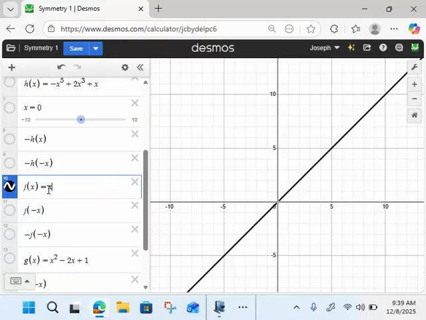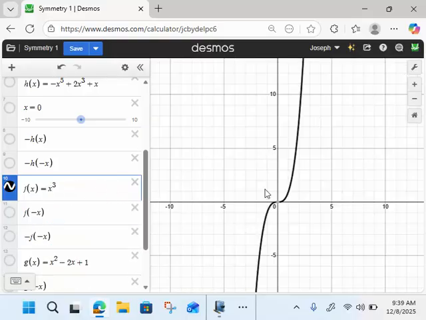Let's go back to x cubed. Definitely odd. The left side is the negative of the right side. If I move this up one, this is not odd. The left side is not the negative of the right side because it's not going through the origin here. Look, if we do the double flip, if I flip that over the left and then the right, that's what we would get.